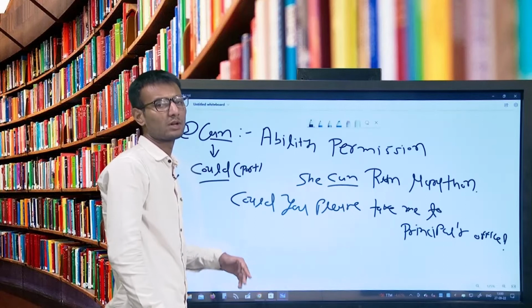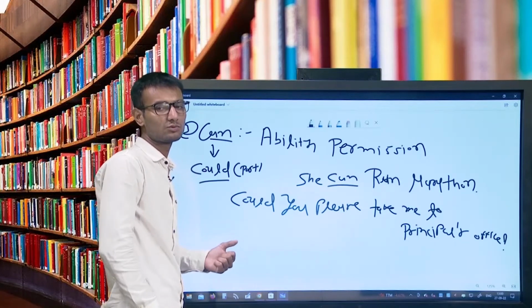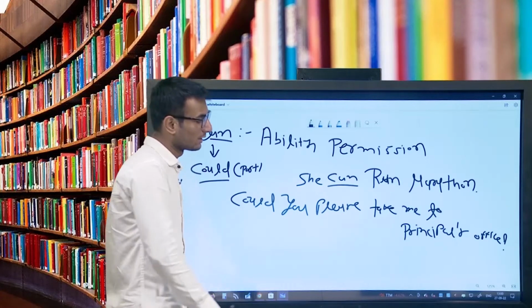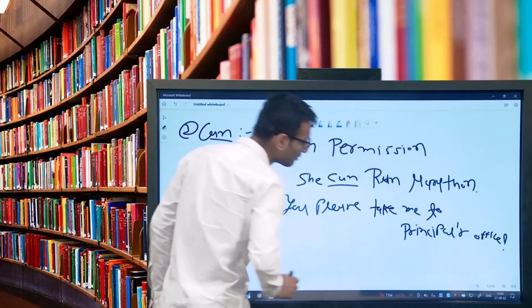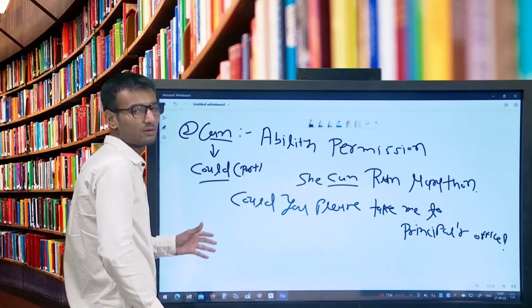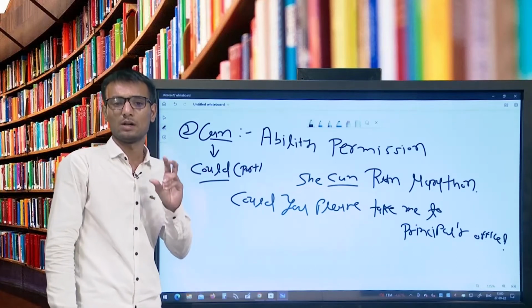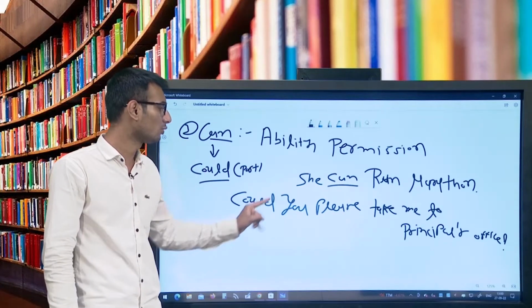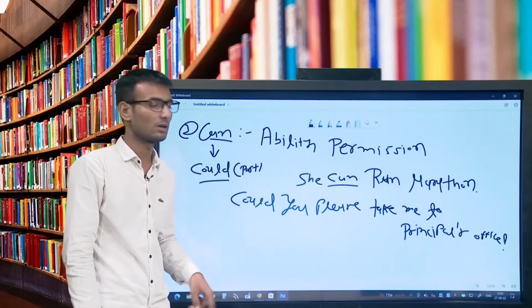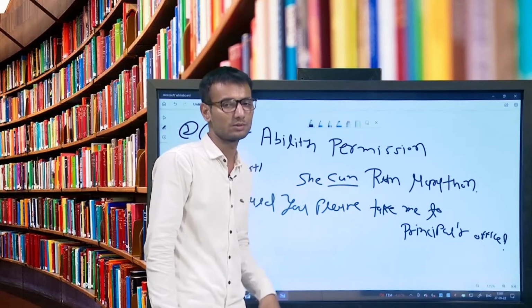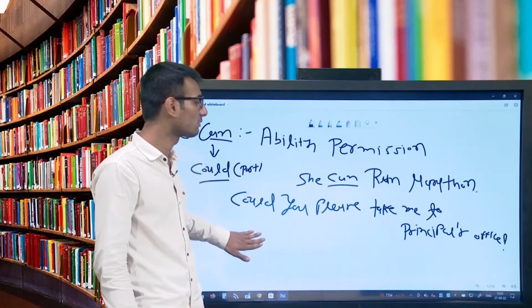It shows a polite question. When we use polite words like could you please take me to the principal's office? When we want to ask a polite question, then we use could you please take me to principal office. Another is she can run marathon. So it shows ability, and the other one is a polite question.